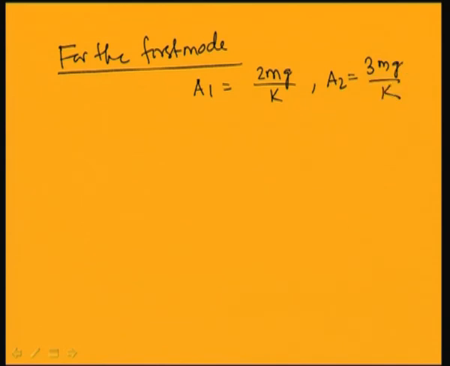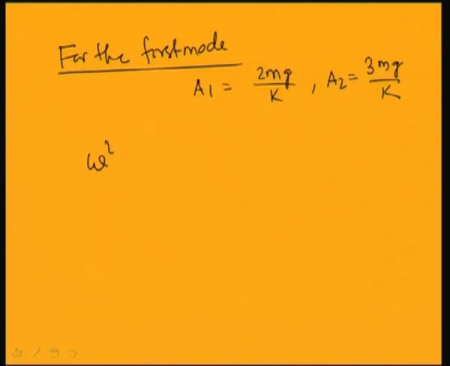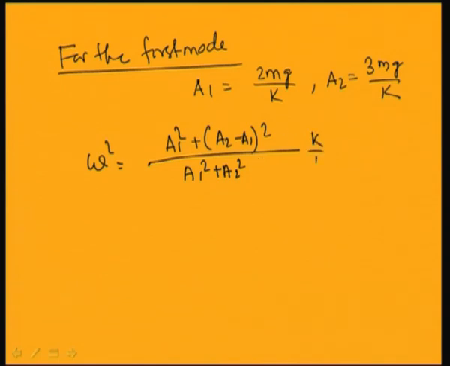By substituting it in this expression, omega square equals a1 square plus (a2 minus a1) whole square by a1 square plus a2 square, into k by m. For a1 I put 2 mg by k, so this becomes 4.